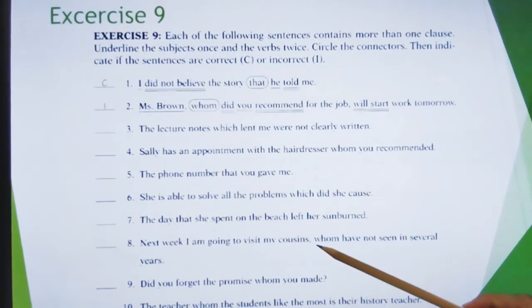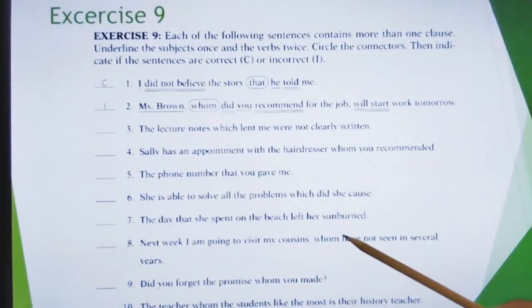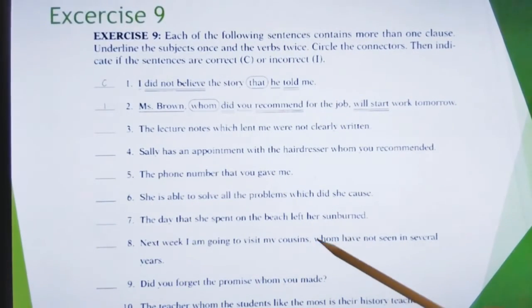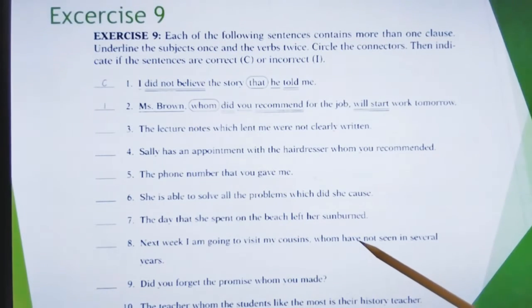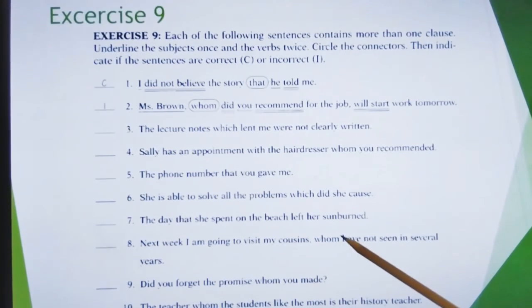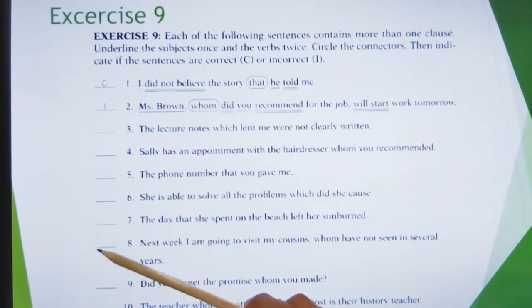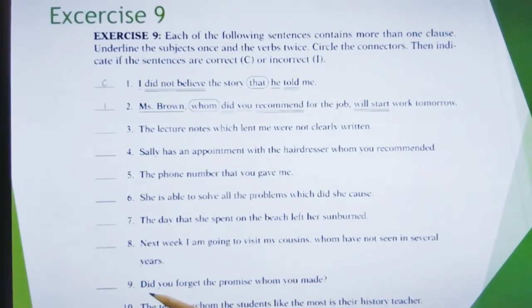Okay, it is not correct. Why? Because there is no dependent subject here. It's supposed to be correct if the sentence is like whom I haven't seen in several years. So the subject is missing here, so this is incorrect. Okay, so what about number 9?